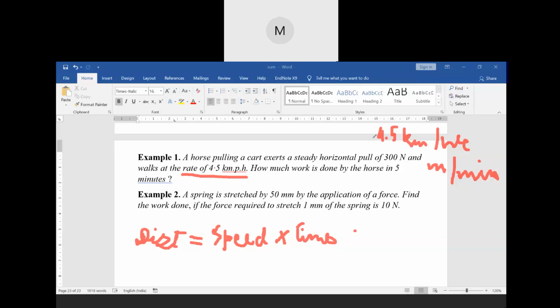So you have to multiply this thing by the time, which is 5 minutes. Then you will get the distance.